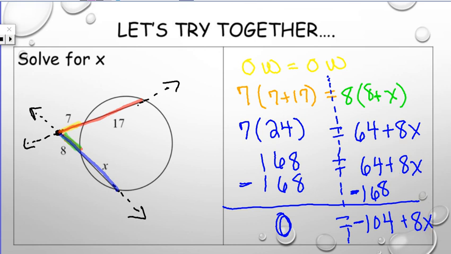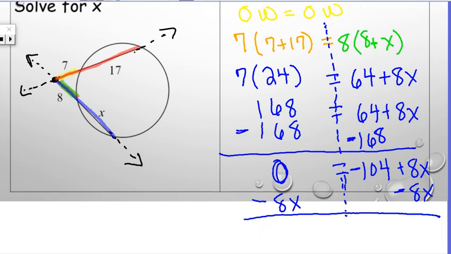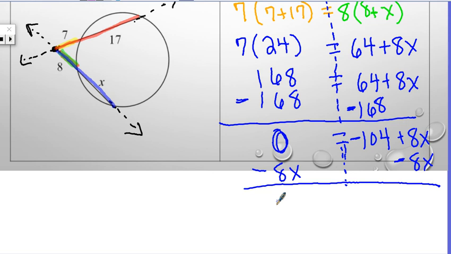And then we're going to get our variables on the left side. So if I cross over my blue line, then I have to change the sign. So negative 8x equals negative 104.